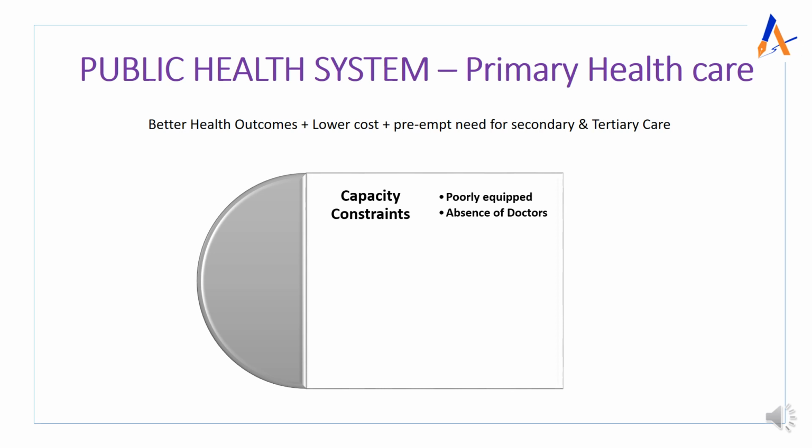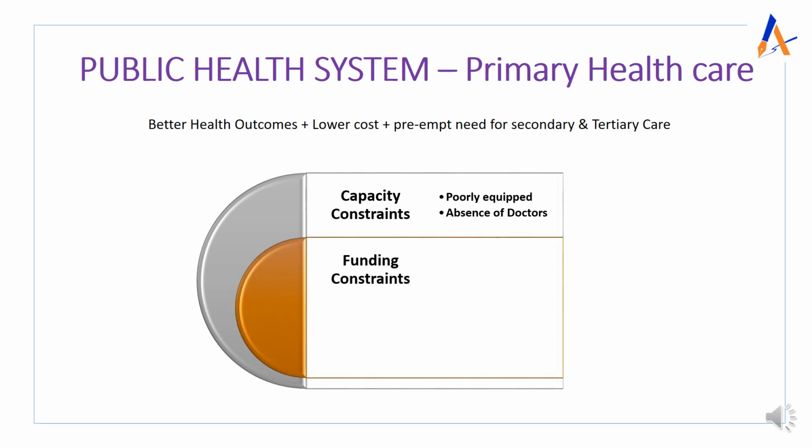So there is lack of motivation, poor infrastructure, and less paying capacity. That's why fewer doctors are serving in primary healthcare in rural or remote areas. So this is the capacity constraint with respect to primary healthcare.